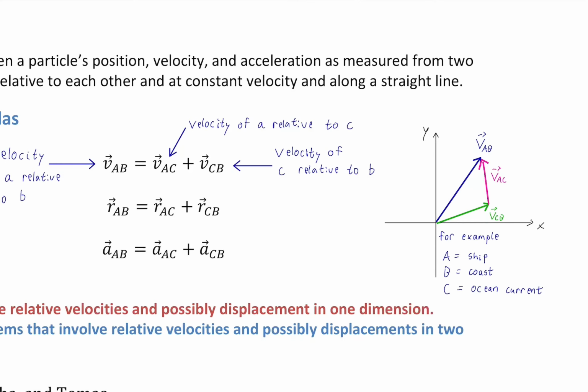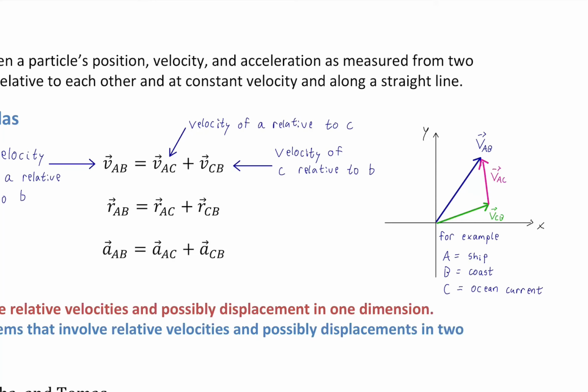You could think of a boat or ship that's moving against the ocean current in exactly the anti-parallel direction, so exactly at 180 degrees, against the current. If it's moving at the same speed as the current, how would the ship's motion look relative to the shore or coast? It'd be motionless.